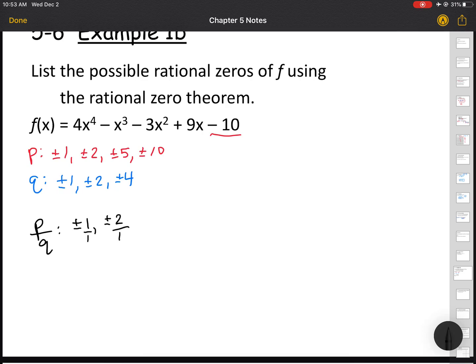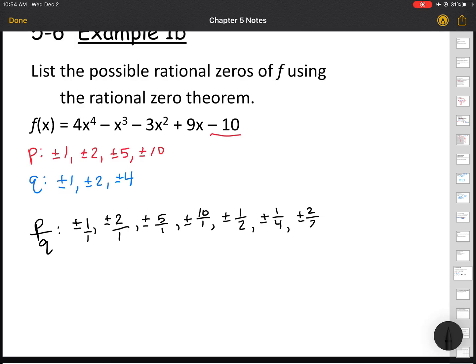Those are both over 1. Positive or negative 5 over 1. Positive or negative 10 over 1. Then we're going to go back to using p as 1 and q as 2. So positive or negative 1 over 2, or 1/2. Positive or negative 1 over 4. And then the 2's over 2's.